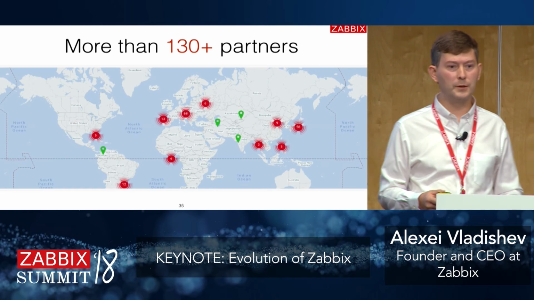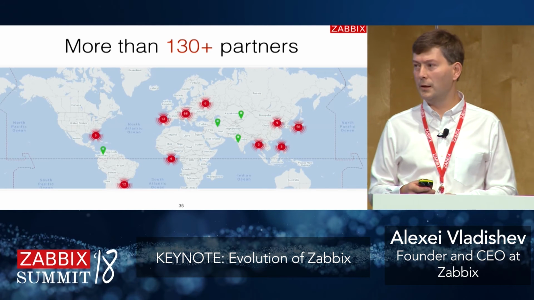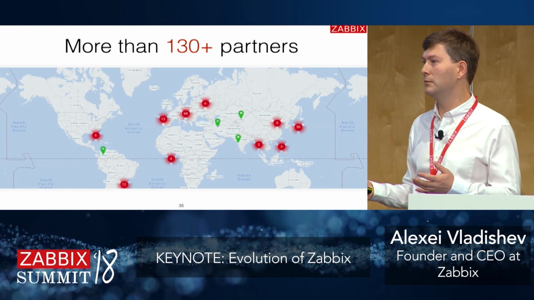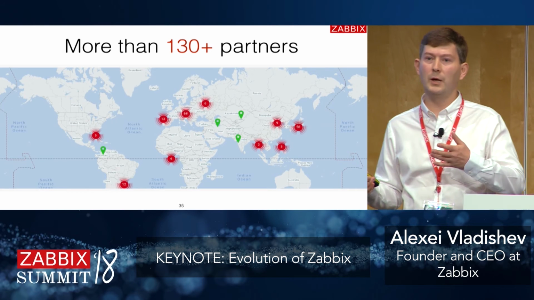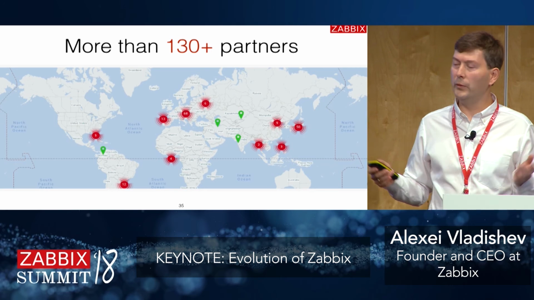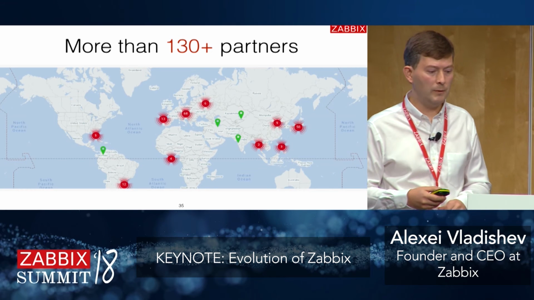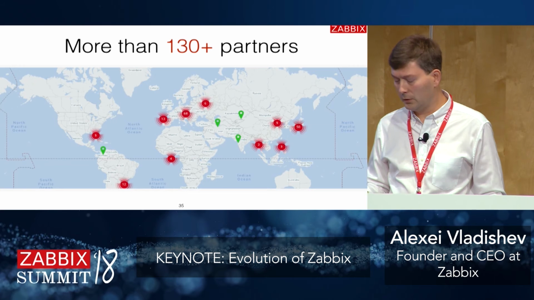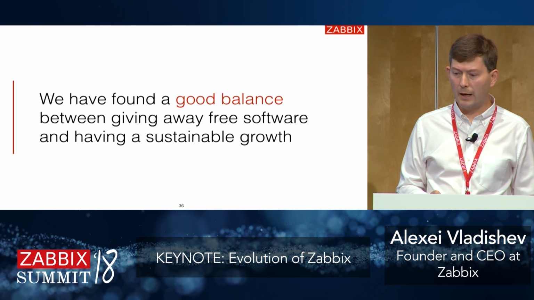We help our partners, and partners help us. Since Zabbix is a small company, it's really hard to imagine us covering the whole world without the help of our partners, of course. So we have partners all over the world.